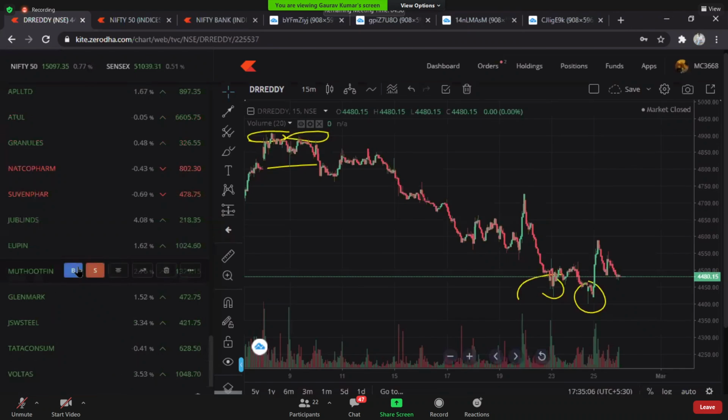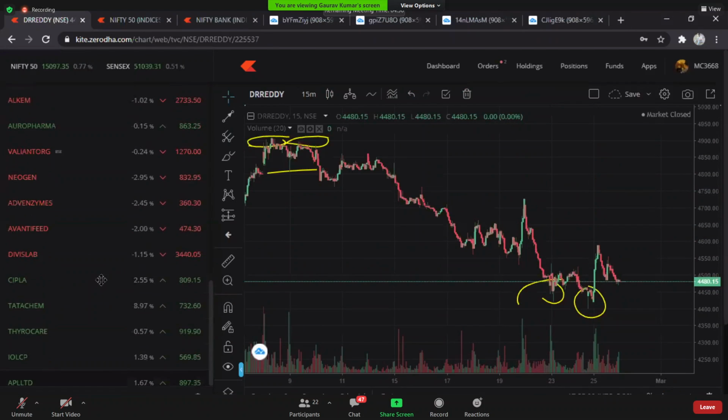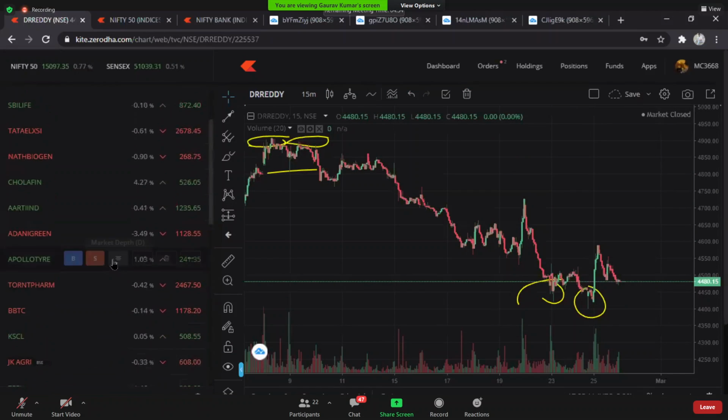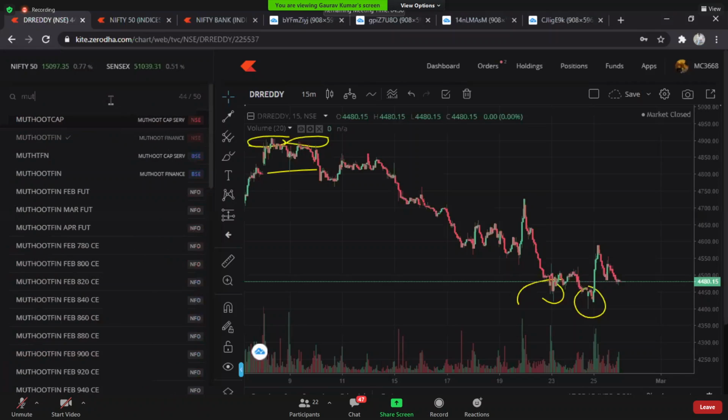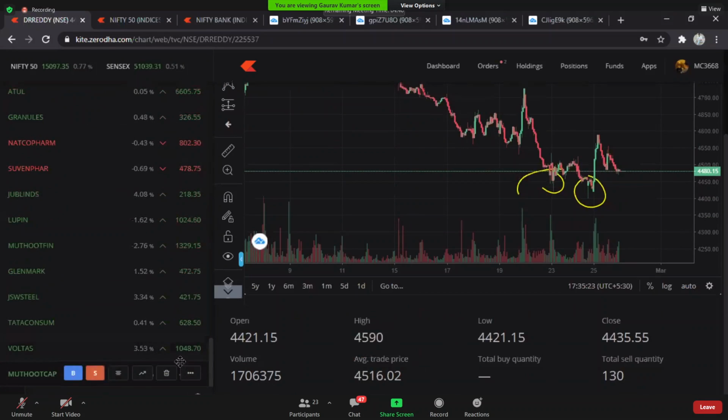Let me check. Muthoot Finance. Is it in my watch list? No, it's not. It's Muthoot Capital.